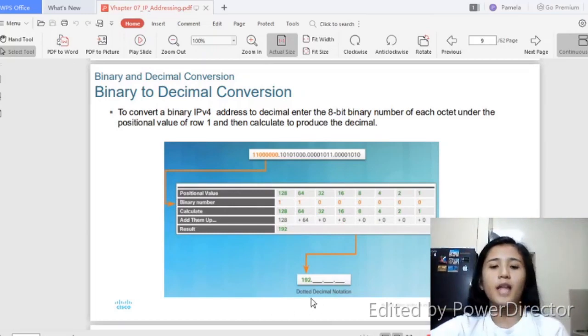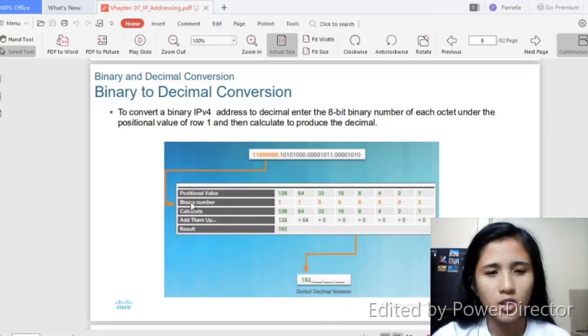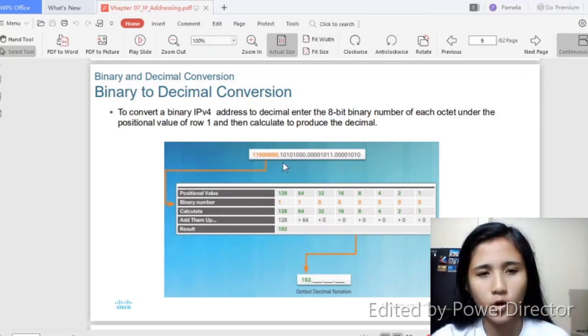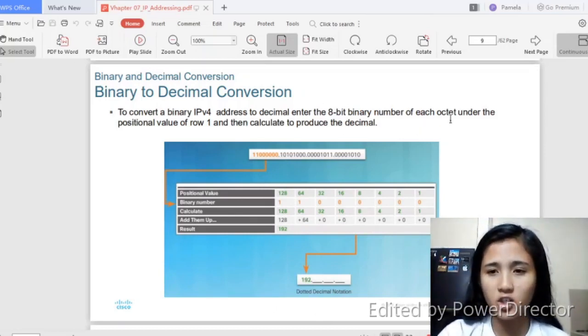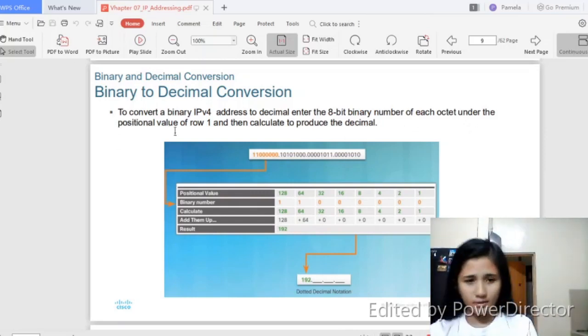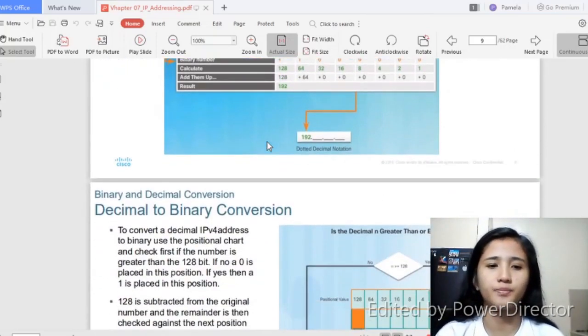So the dotted decimal notation is here. This is the binary number. To convert a binary IPv4 address to decimal, enter the 8-bit binary number of each octet under the positional value of row 1 and then calculate to produce the decimal.